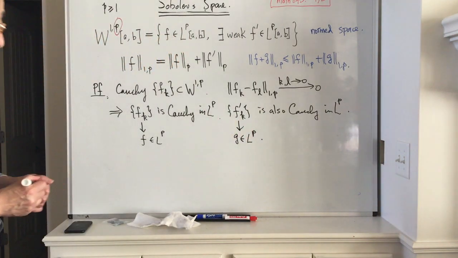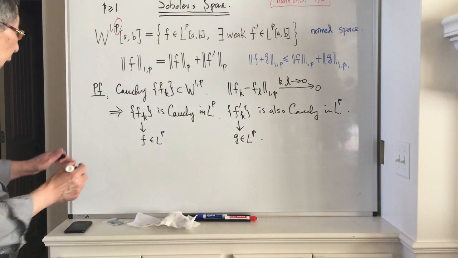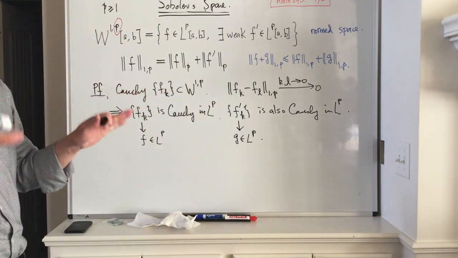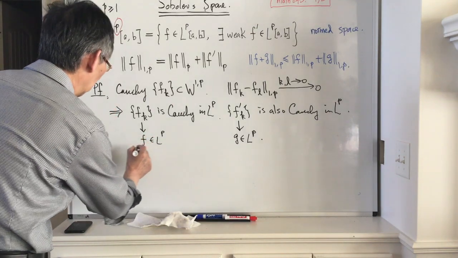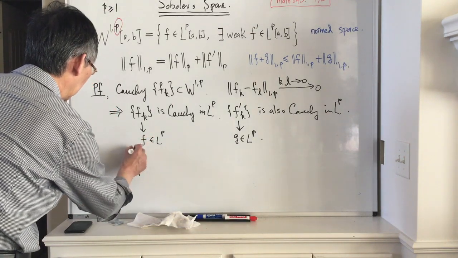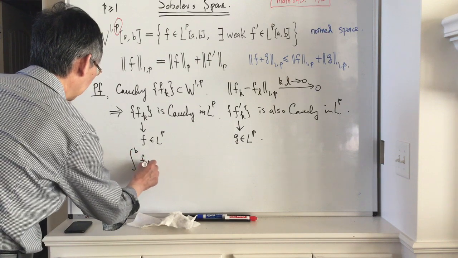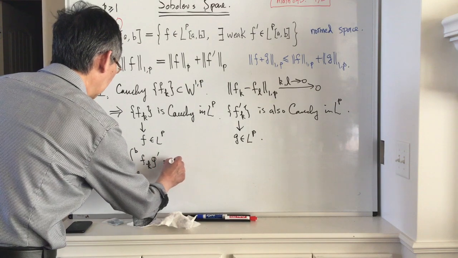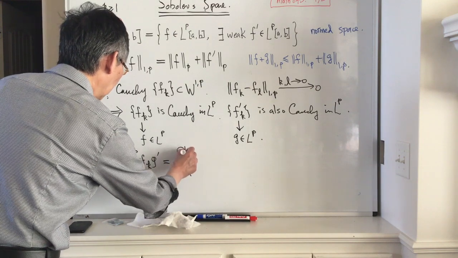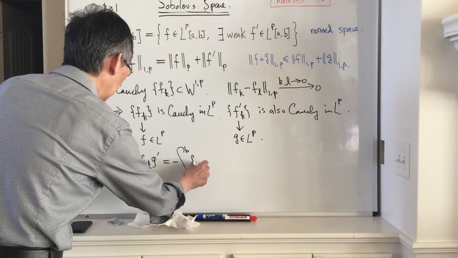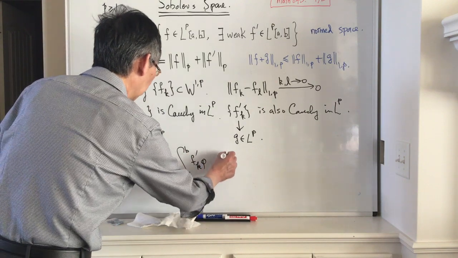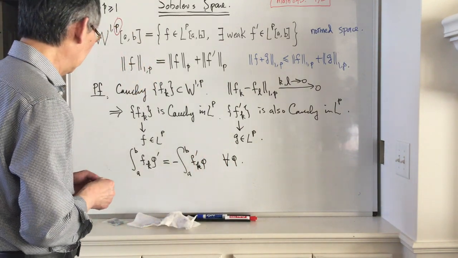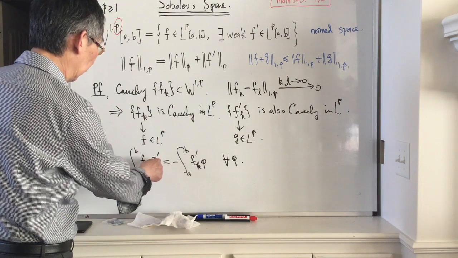Now let's look at this identity here. I know that f_k and f_k prime satisfy this identity through the test function, right? This means that the integral over (a,b) of f_k times phi prime equals minus the integral over (a,b) of f_k prime times phi, and this is true for every phi. Now phi is a very smooth, bounded function, and so is phi prime.